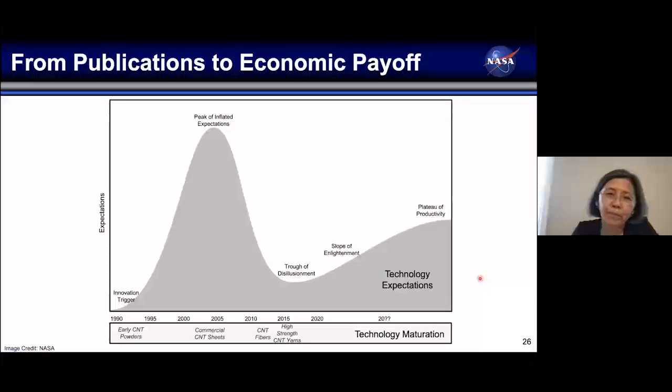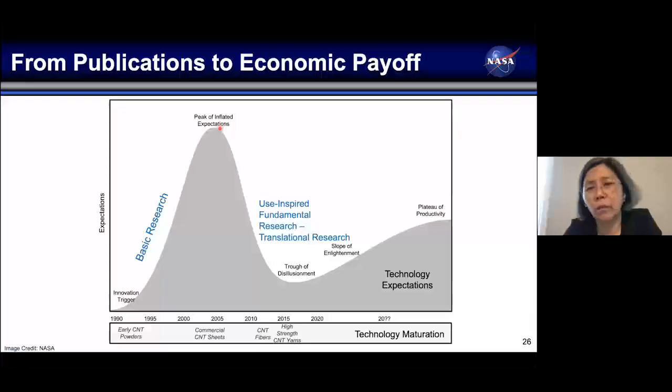And so when you look at moving from publications to economic payoff, much of our research nationally, and the federal investments here, tend to be in basic research. But really what we need to move to is user-inspired translational research.